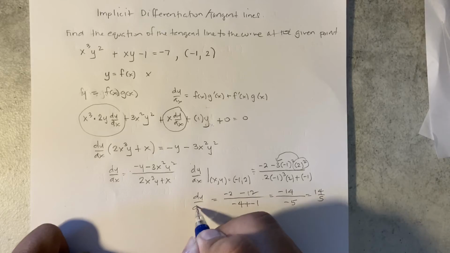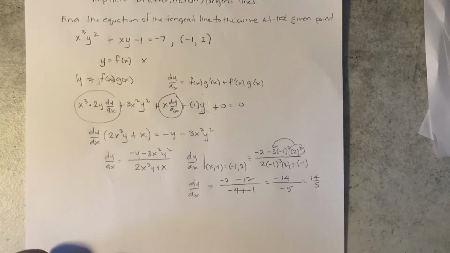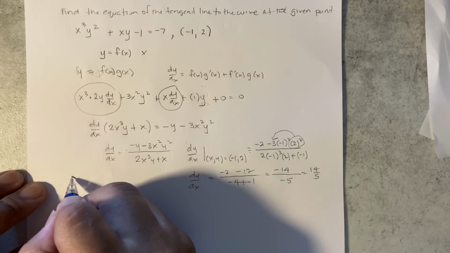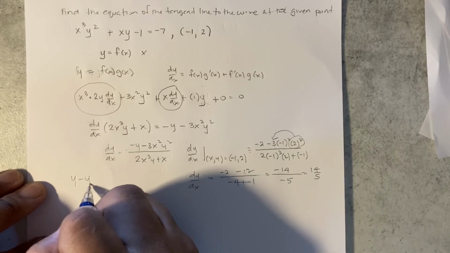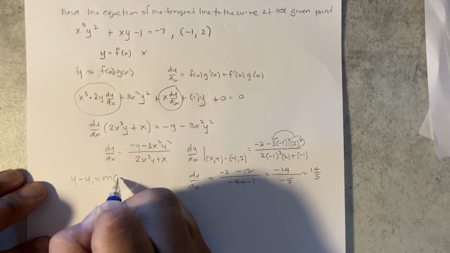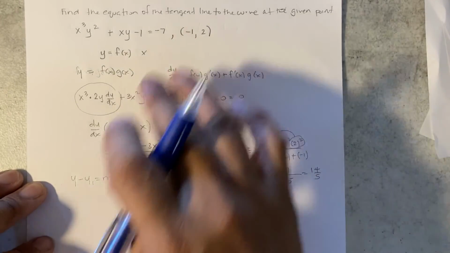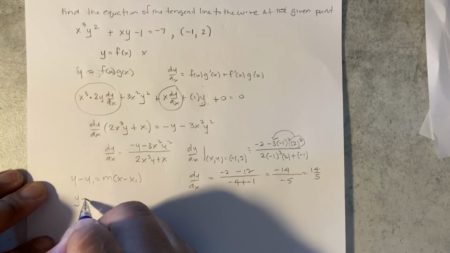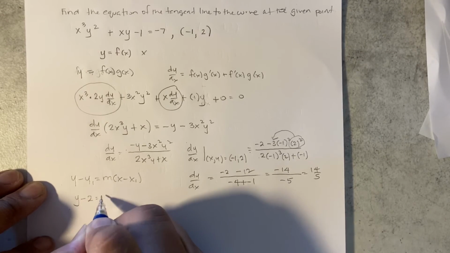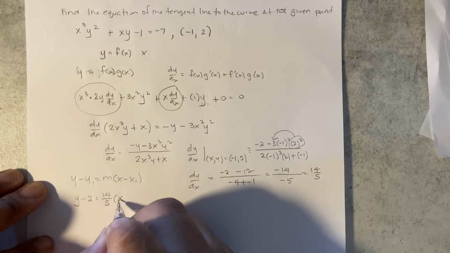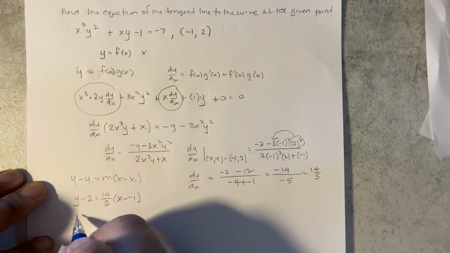So your dy dx is the slope of your tangent line, and in point slope form it's y minus y1 equals m times x minus x1. Okay, so I'm going to put negative 1 comma 2 here, so it's y minus 2 equals 14 over 5 times x minus negative 1.